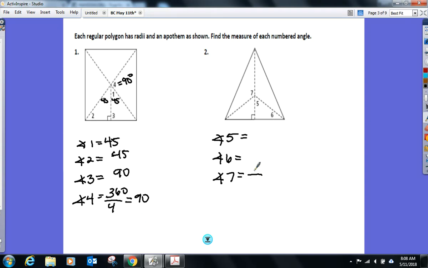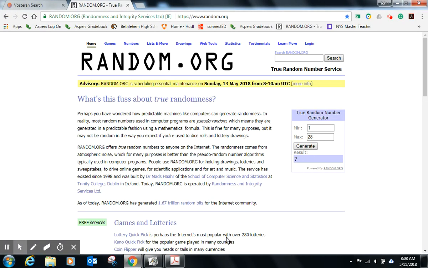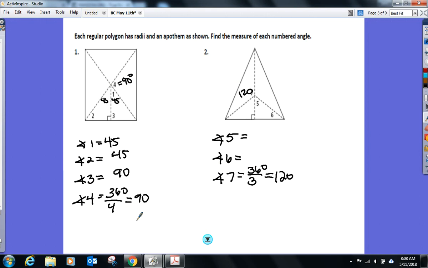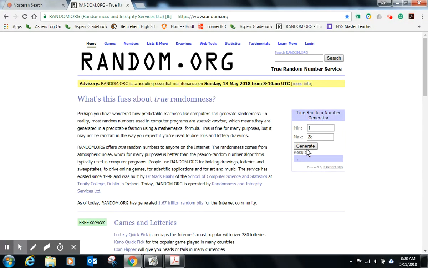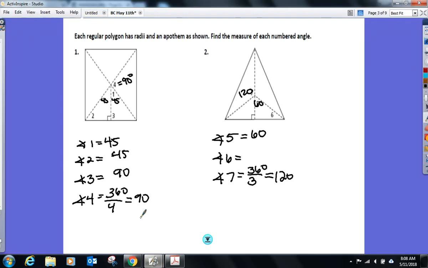Yeah, 360 divided by 3, 120. Yep. I divide by how many angles there are, which would make angle 5 what? 60, because it gets bisected. So that's 60. And we just went over before. What do you have for the remaining angle? 6 there. 30.